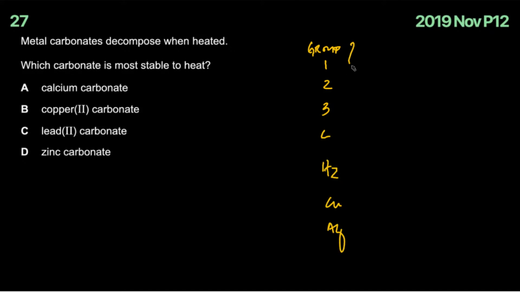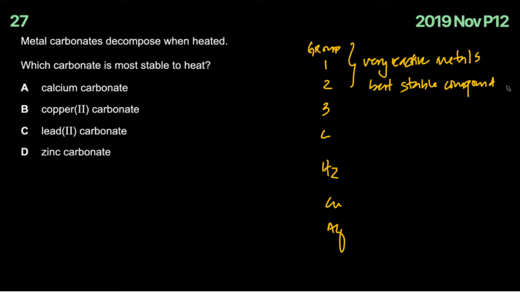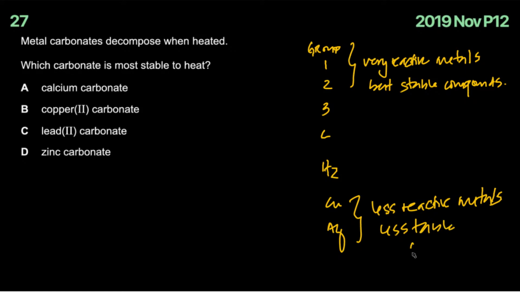These guys are very reactive metals, but stable compounds. And the less reactive metals form less stable compounds. So the most stable would be calcium. That's right on top.